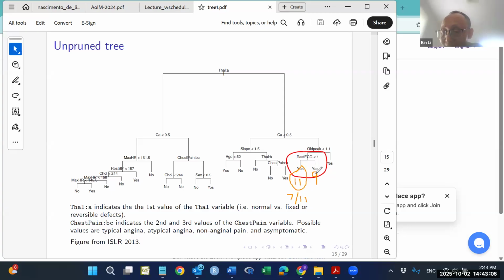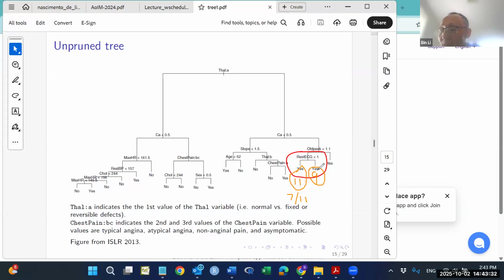Because if you are a patient that falls into the right branch, we predict the probability that you will have heart disease is 100%, because 9 out of 9 have heart disease.